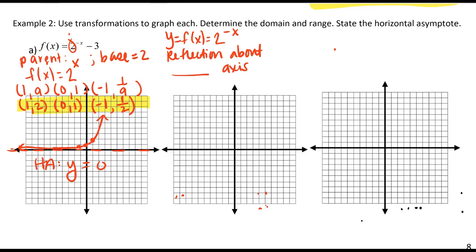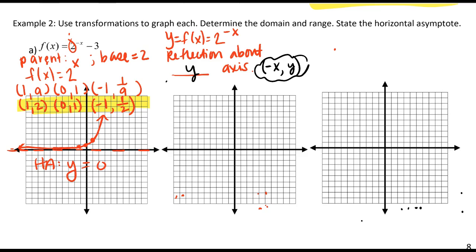Can you tell me what axis this is reflected about? I hope you said y-axis. Because it's a reflection about the y-axis, the x will change. All the x's are now negative and the y will stay the same. So this is your formula.